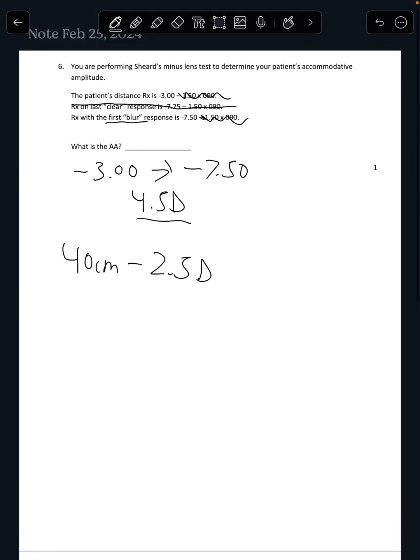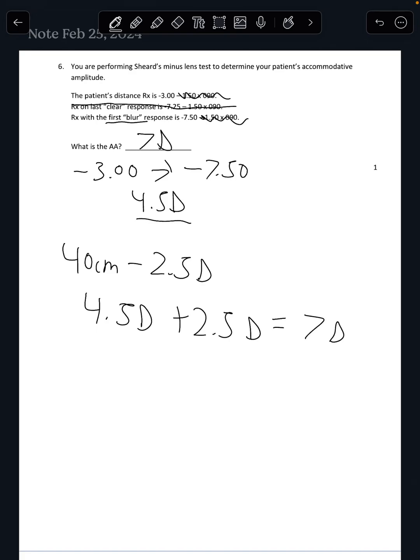Okay, so then the patient's already accommodating 2.5 diopters to see the target, and then we're able to add 4.5 diopters worth of minus lenses on top of that. So we're just going to add them together, 4.5 diopters plus 2.5 diopters equals 7.